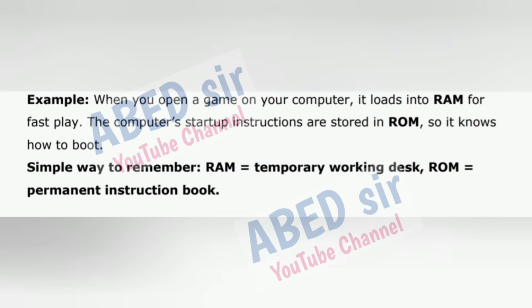Example, when you open a game on your computer, it loads into RAM for fast play. The computer's startup instructions are stored in ROM, so it knows how to boot. Simple way to remember: RAM is equal to temporary working desk, ROM is equal to permanent instruction book.